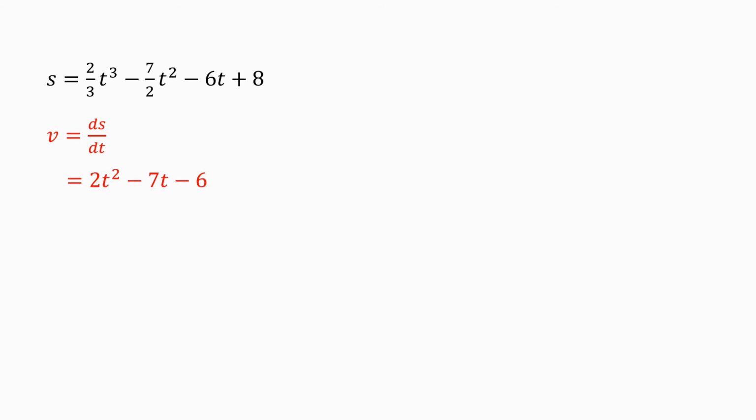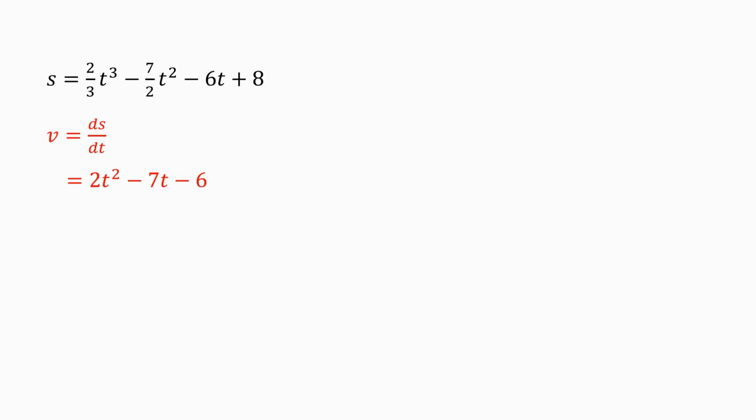Then 3 minus 1 is 2, so 2t squared, minus 7 over 2 times 2 is 7. 2 minus 1 is 1, so 7t, and then minus 6t is 6t raised to power 1, so 1 times 6 is 6, then t raised to 1 minus 1 becomes t raised to 0, which is 1. So that gives us the velocity function as 2t squared minus 7t minus 6.